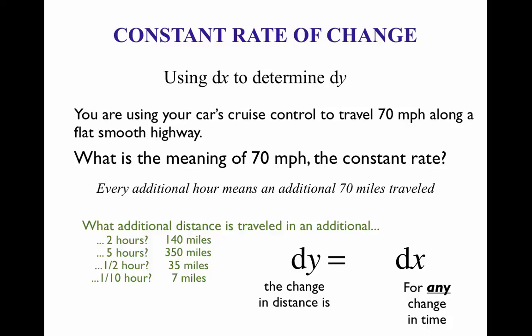So your change in miles is 70 times as much as the change in hours. For any change in time, the change in distance is 70 times that change in time.